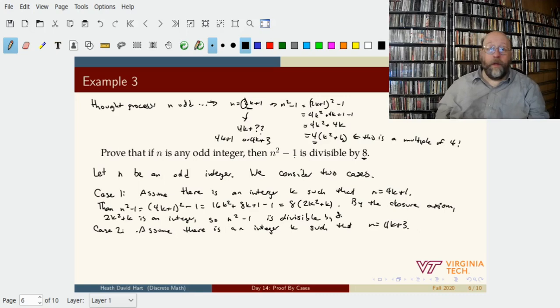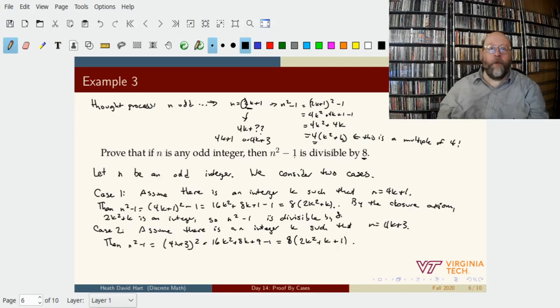So if we try this with 4k plus 3, then n squared minus 1 is (4k plus 3) squared minus 1, which is 16k squared plus 24k plus 9 minus 1. That's okay, because 9 minus 1 is 8. So that's 8 times (2k squared plus 3k plus 1).